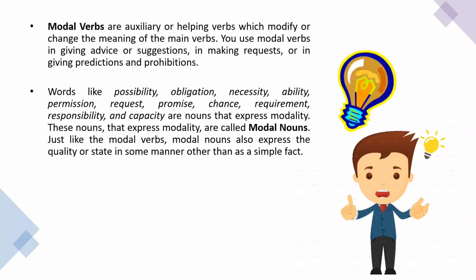Words like possibility, obligation, necessity, ability, permission, request, promise, chance, requirement, responsibility, and capacity are nouns that express modality. These nouns that express modality are called modal nouns. Just like the modal verbs, modal nouns also express the quality or state in some manner other than as a simple fact.